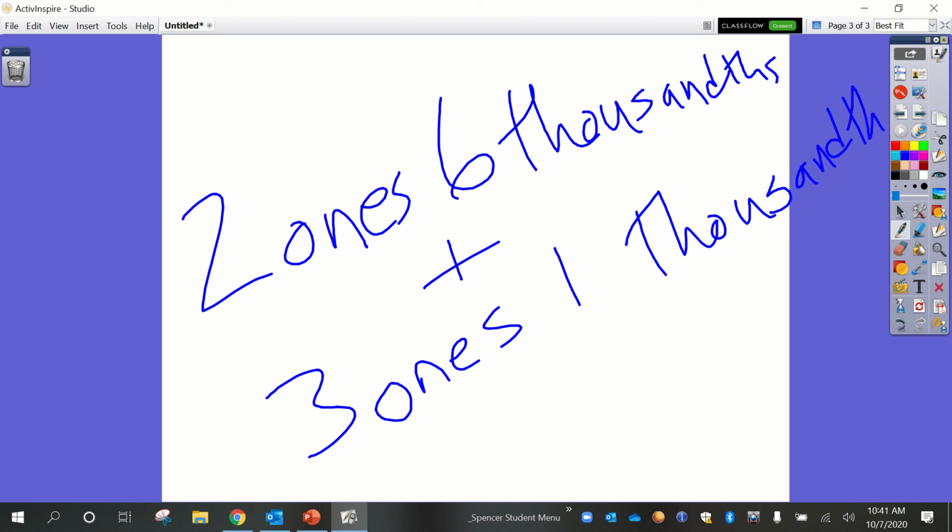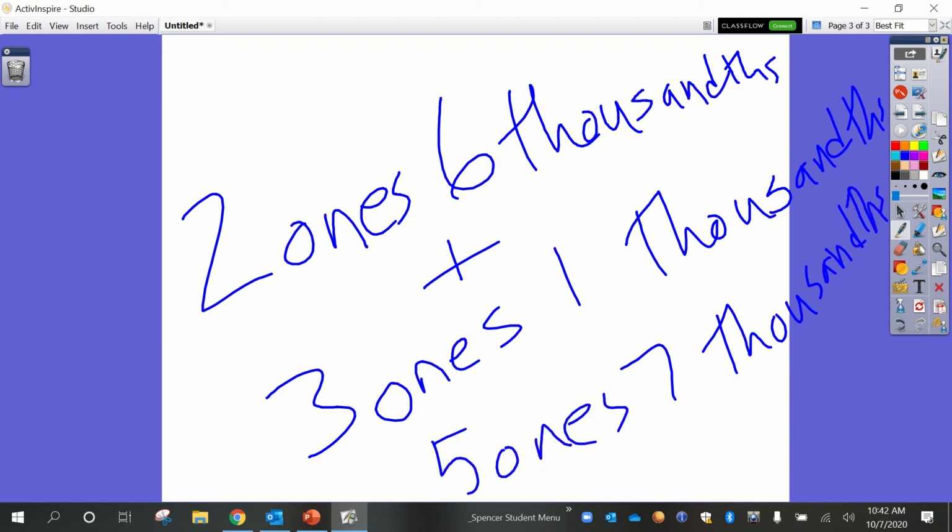So what's our answer in unit form? Well, you combine like units. You can't add ones to thousandths. So thousandths to thousandths, that would be 7 thousandths. Ones to ones, which would give us 5 ones. So our answer is 5 ones 7 thousandths, which also looks like 5 and 0 0 7.